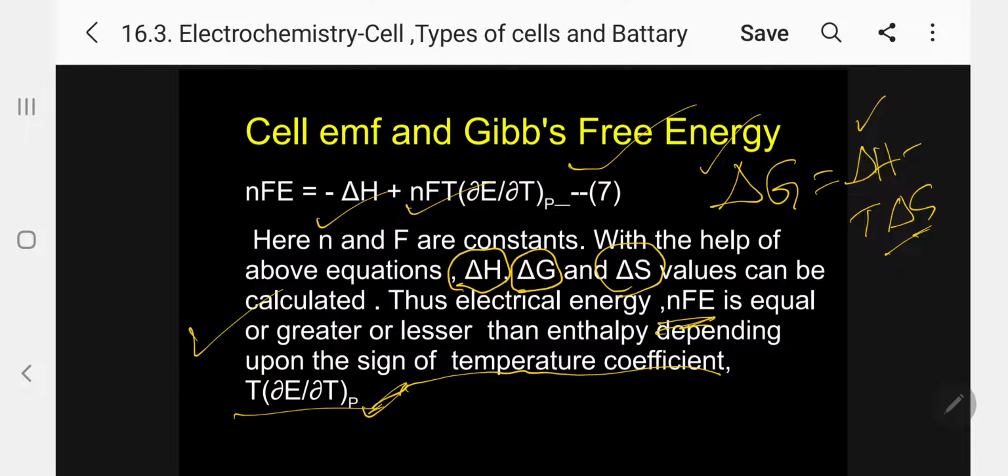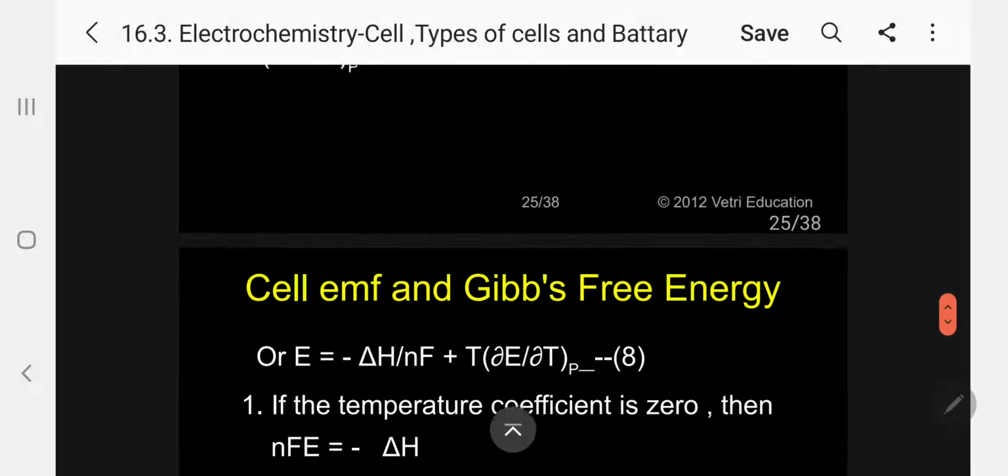Depending upon this value, nFE is equal to, greater than, or lesser than the enthalpy value. Kindly follow. So it is not always delta H. Originally what were we thinking? nFE equal to delta H, E cell equal to delta H. No, it is not equal. It may be equal, or it may be greater or lesser than delta H. Kindly follow.